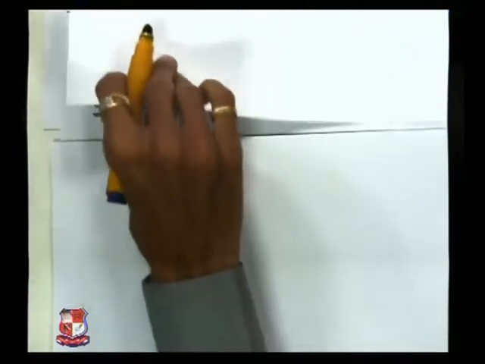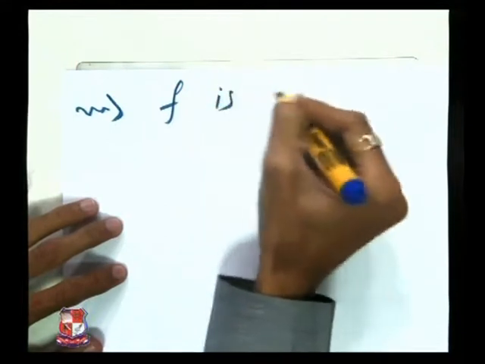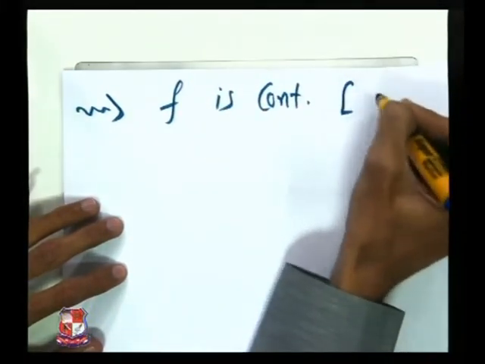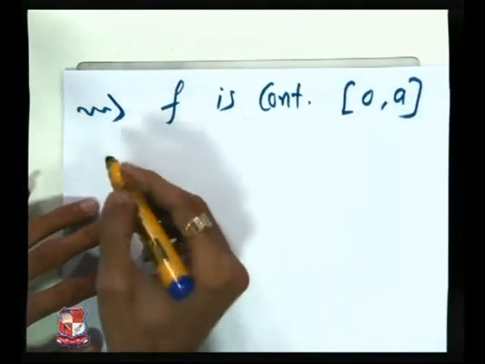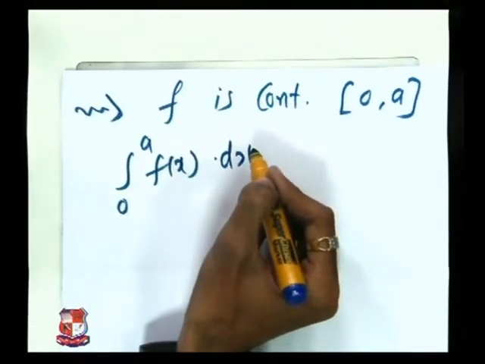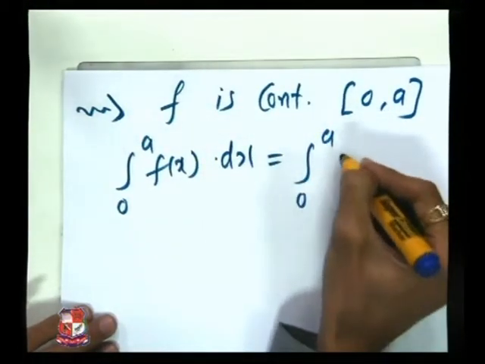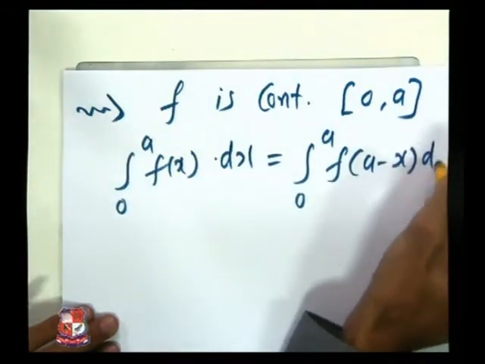Let us look at one more technique of integration which is very useful and very important as per the examination, which is the example based on this formula: if the function f is continuous in the interval 0 to a, then integration 0 to a f(x) dx is equal to integration 0 to a f(a minus x) dx, right?